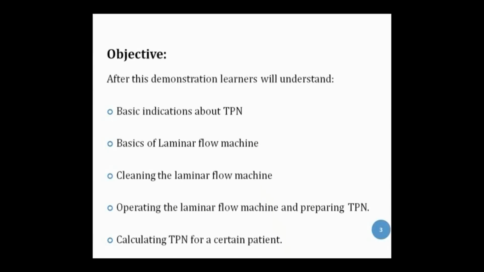The objectives of this demonstration are basic indications for TPN, basics of the laminar flow machine, cleaning the laminar flow machine, operating the laminar flow machine and preparing TPN, and calculating TPN for a certain patient.